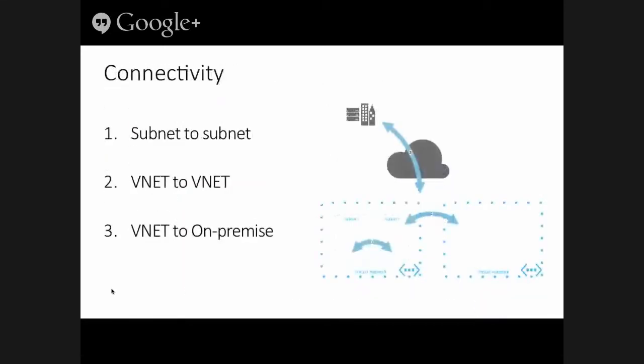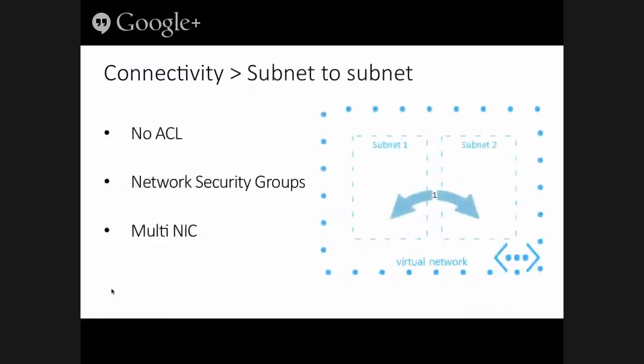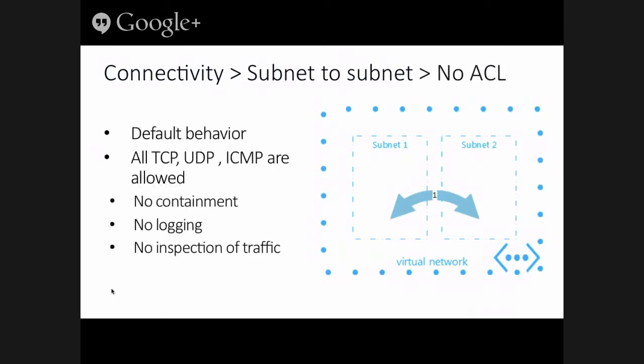In that case, you want to have a virtual network, and within there, subnets. But by default, if we're talking about subnet to subnet, we can say default no ACLs. We can do network security groups, or we can do something with multi-NIC. So no ACLs. Everything is allowed in between those subnets.